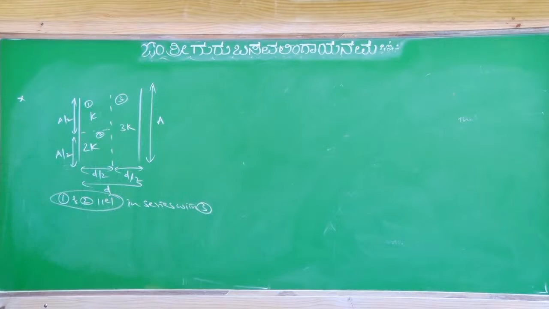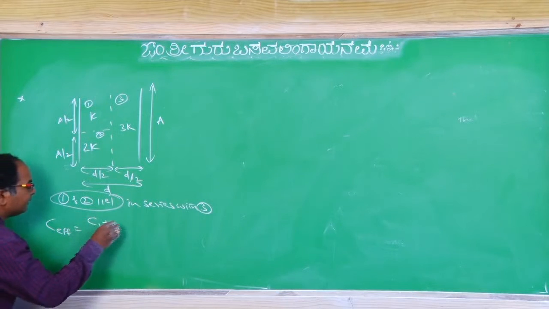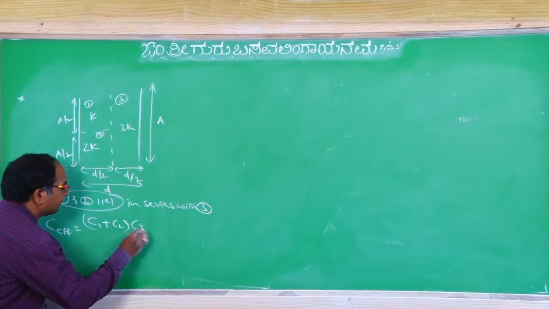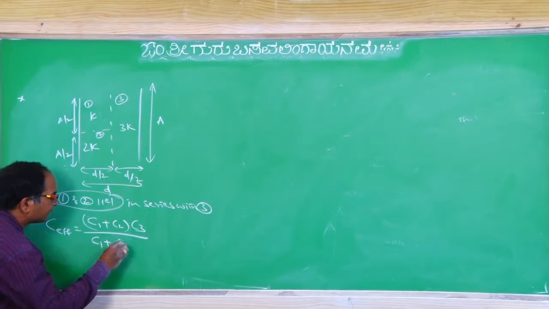Okay? So, effective capacitance, C effective. How we write? Same as earlier: C1 plus C2 into C3 divided by C1 plus C2 plus C3.